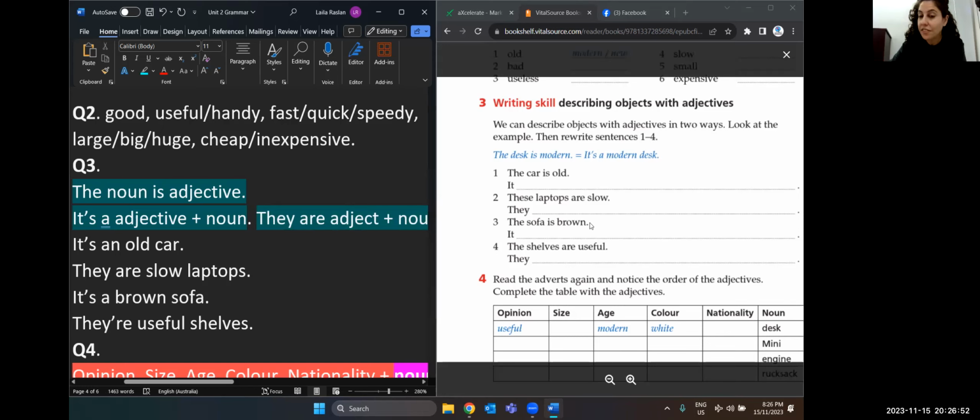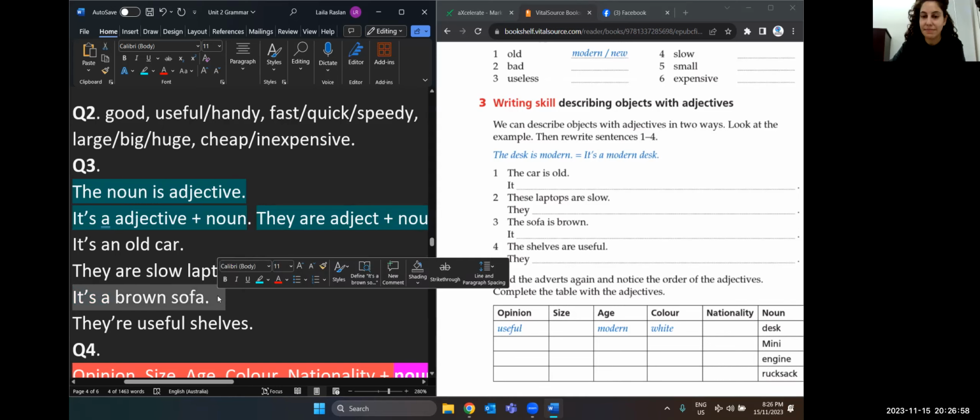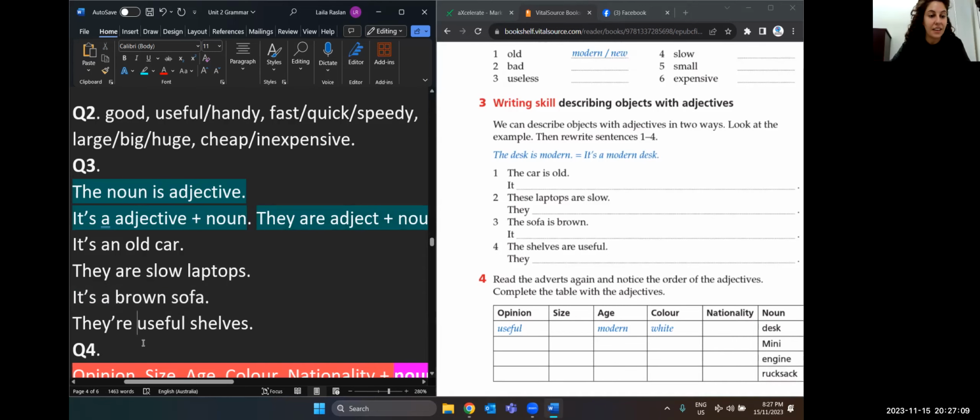Okay, the sofa is brown, so singular, or it's a brown sofa. The shelves are useful. So shelves, like we put books in them, that's furniture. The shelves are useful, or they are useful shelves. Yep, because it's plural. They are useful shelves.